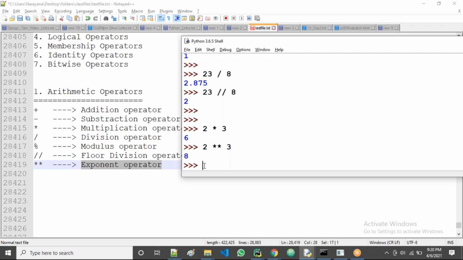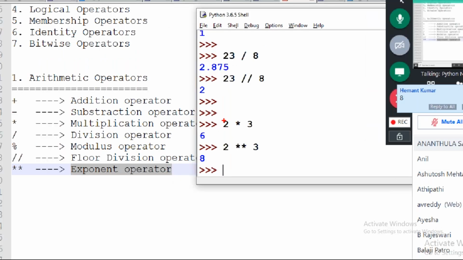In this case, 2 multiplies 3 times, like 2 into 2 into 2.